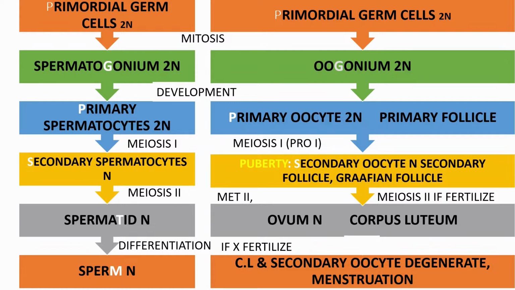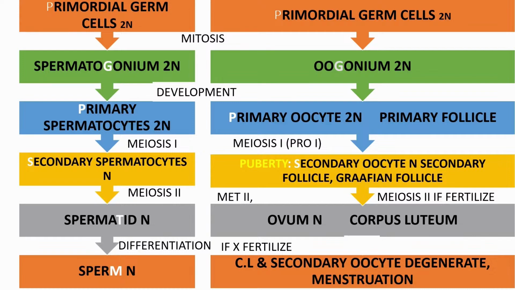We name this cell the spermatid, which is an immature cell that cannot carry out fertilization. So this spermatid, which is haploid, will undergo differentiation, and lastly we'll have four haploid sperm formed. So this is about spermatogenesis, and here is the summary for oogenesis.